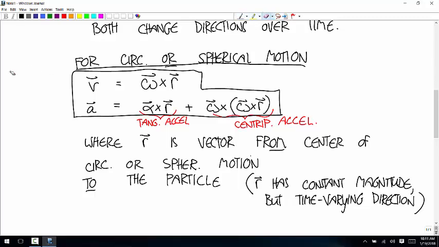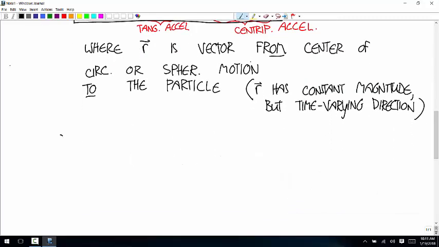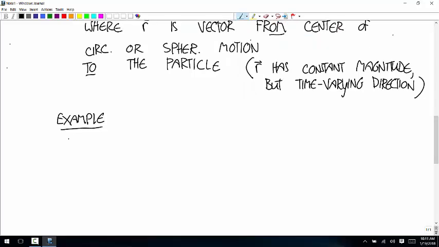All right. Let me do an example. So let's say there's a child on a carousel. And the carousel has a 2.0 meter radius.